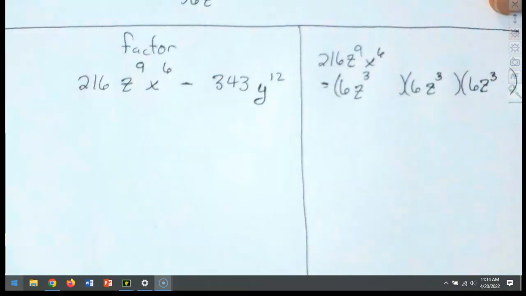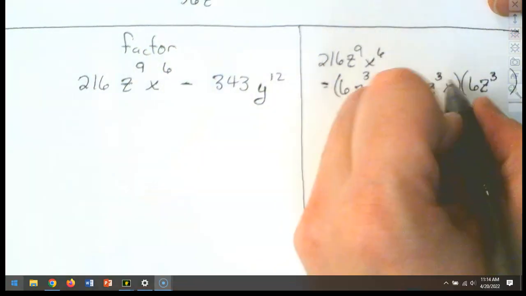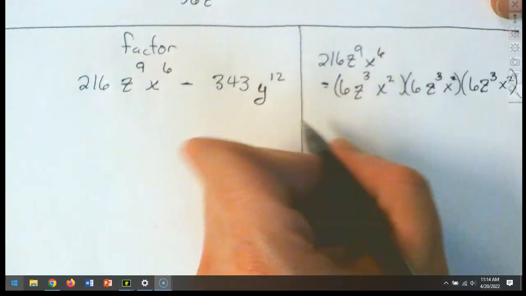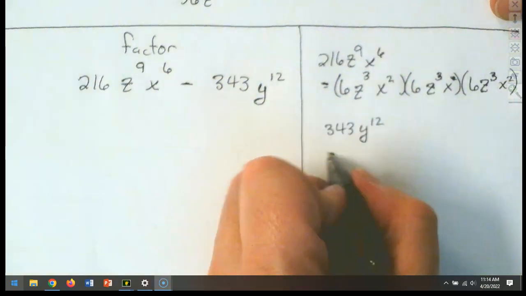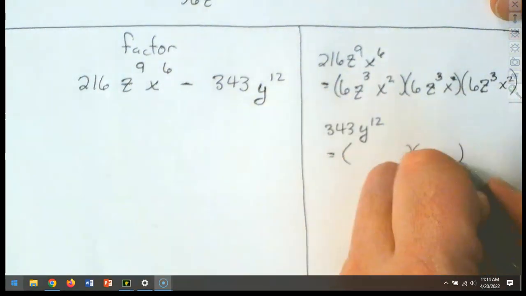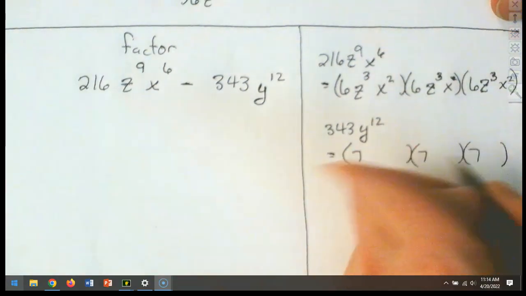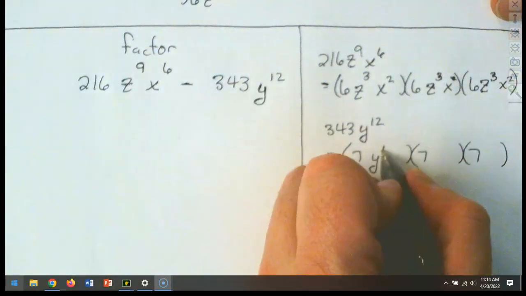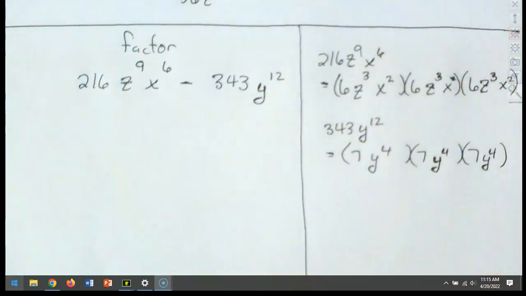What about x to the 6th? Well, 6 divided by 3 is a 2. So that's x squared, x squared, and x squared. What about 343 y to the 12th? 343, perfect cube of 7. 12 divided by 3 is 4. So that's y to the 4th, y to the 4th, y to the 4th.